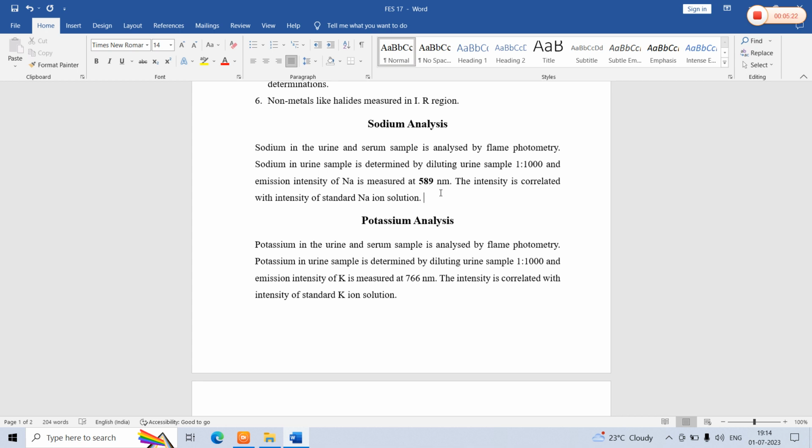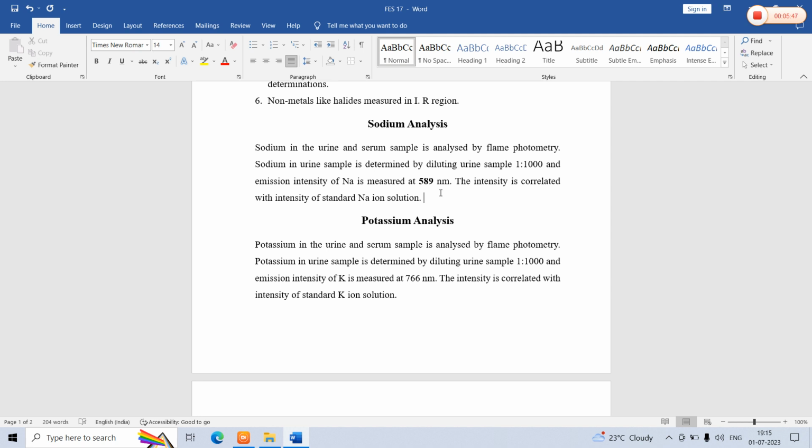Sodium is diluted in a 1:1000 ratio, meaning 1 ml of urine sample should be diluted to 1000 ml of distilled water. That is the proportion. The intensity is correlated with the intensity of a standard sodium ion solution.